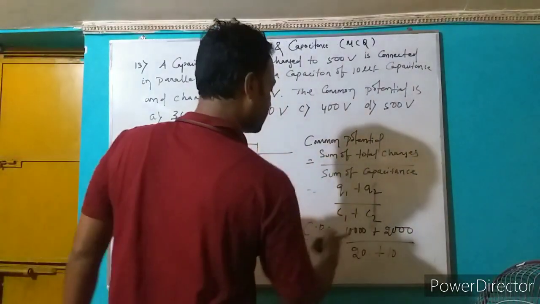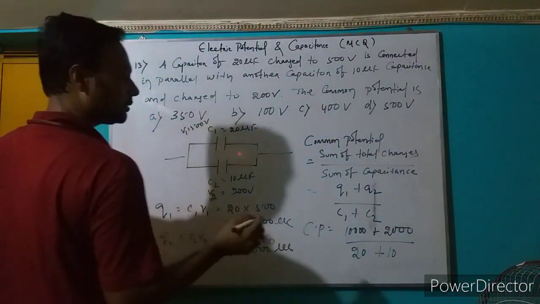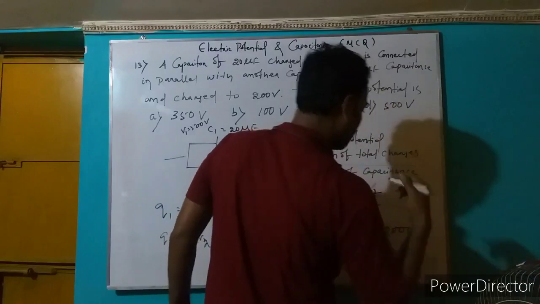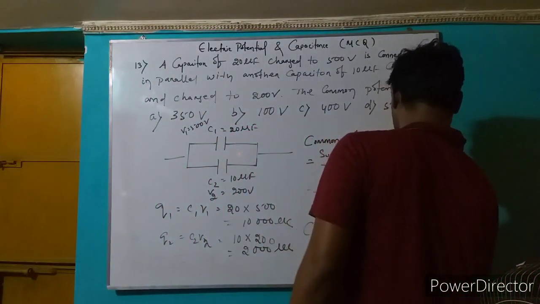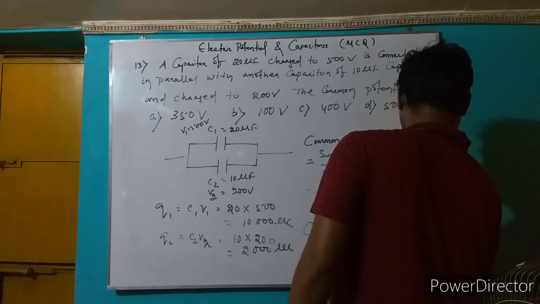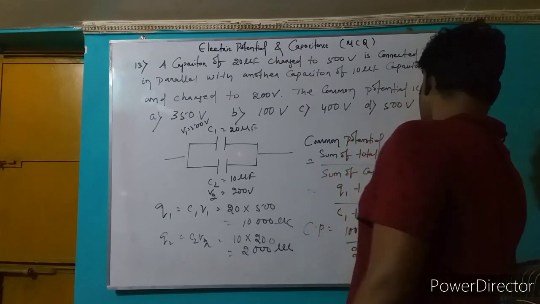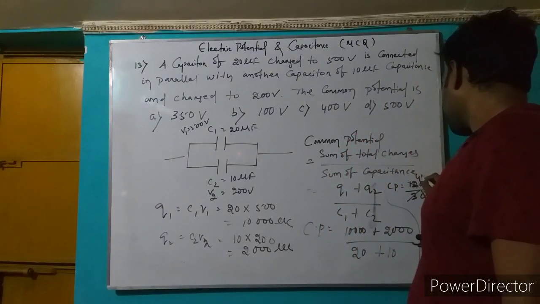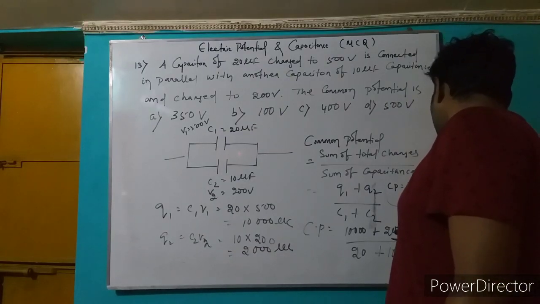That means 10,000 plus 2000 is 12,000, divided by 30. The zero cancels out, and 40 by 3 gives 400. So common potential Cp equals 400 volts.